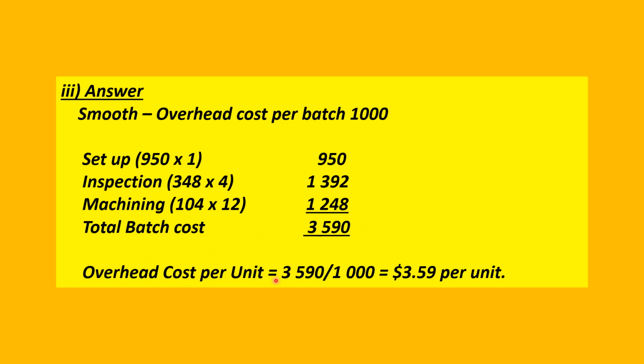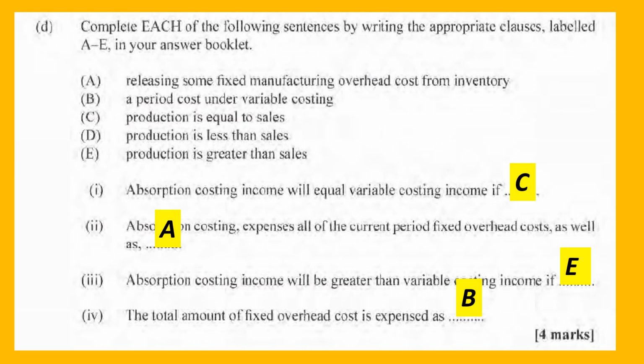Overhead cost per unit will be 35.90 divided by 1,000 in each batch here. We get 359 per unit. Go on to the next part.